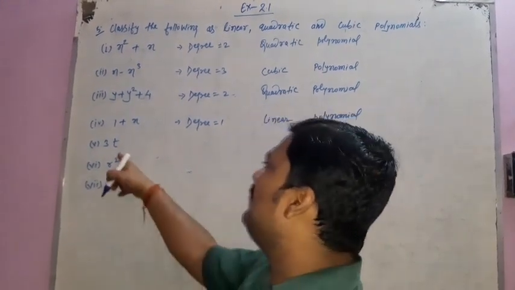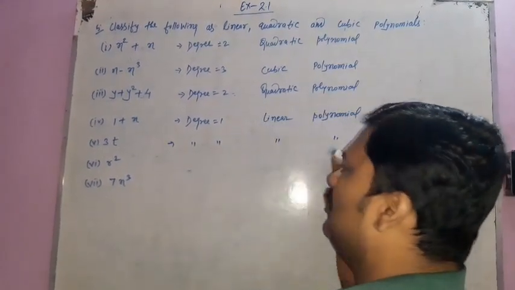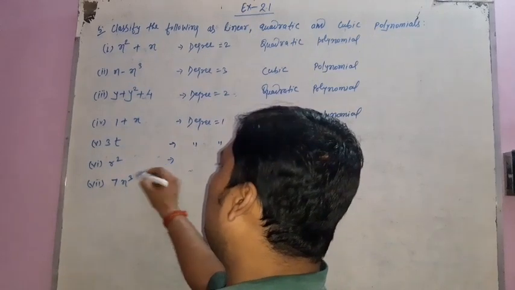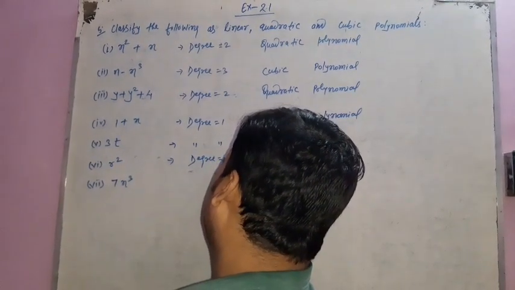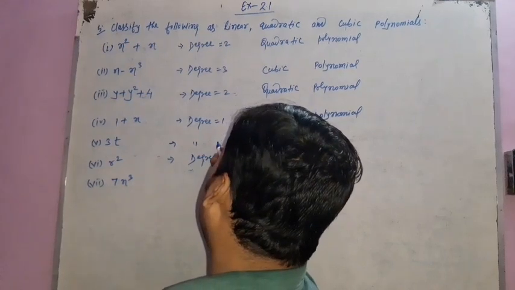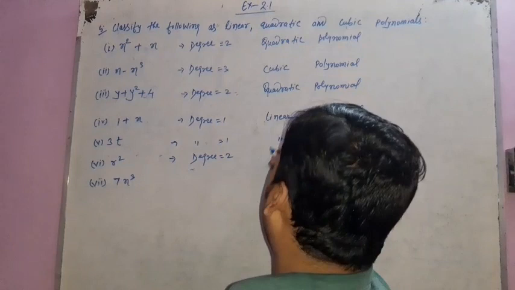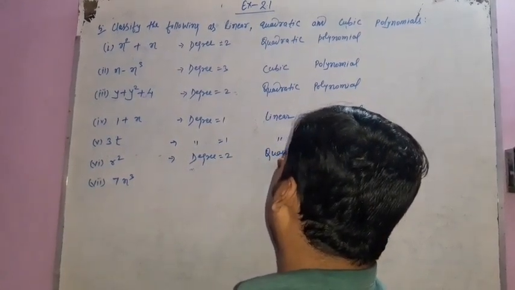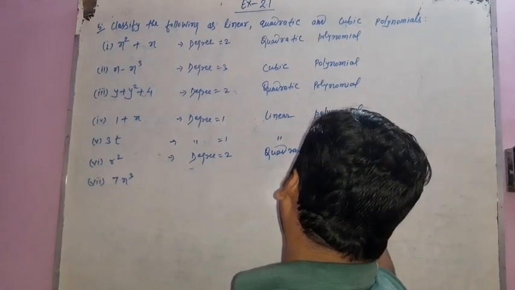Again here, what is the degree of this polynomial? The degree is 1, so it is called a linear polynomial. Here, what is the degree of the polynomial? Here the degree is 2. When the degree is 2, what do we say? Quadratic polynomial.